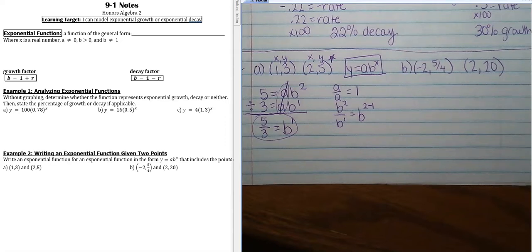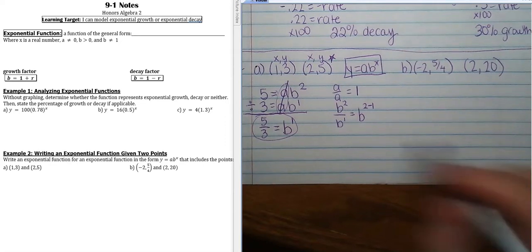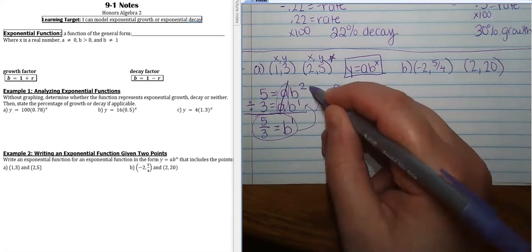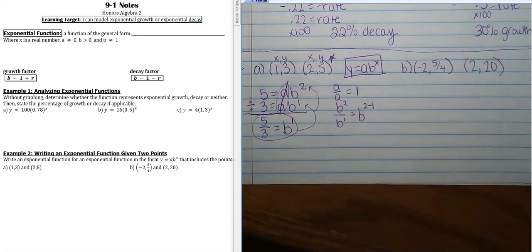Here, I now have b. What we then need to do is figure out what a is. So it's just like substitution or elimination. We got to plug it back into either one of those original equations that we had. I usually like to use the one that has the lower positive exponent.